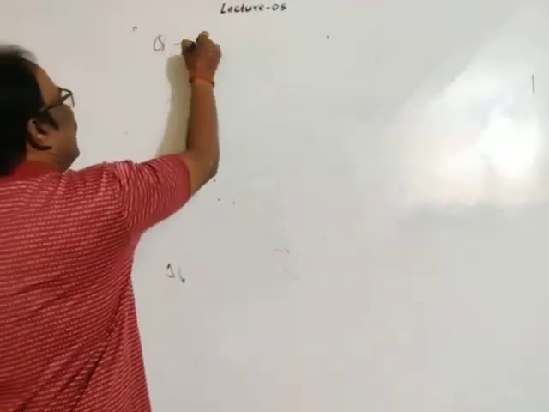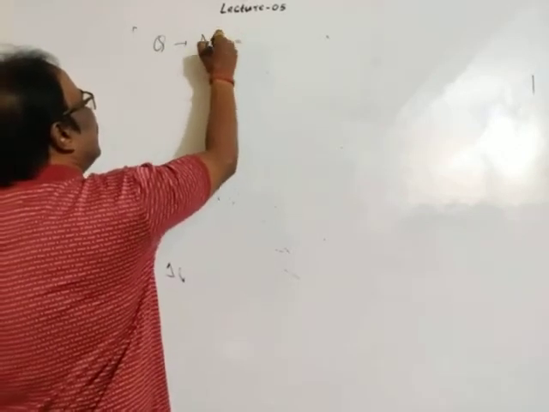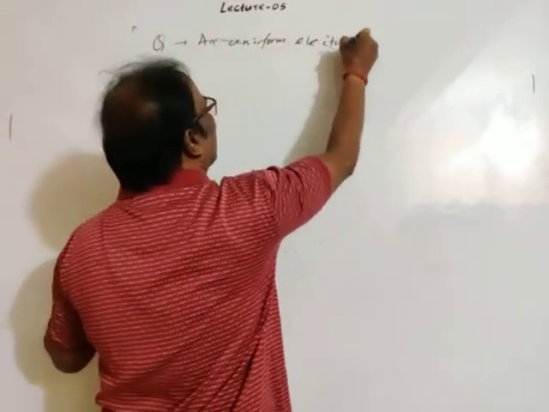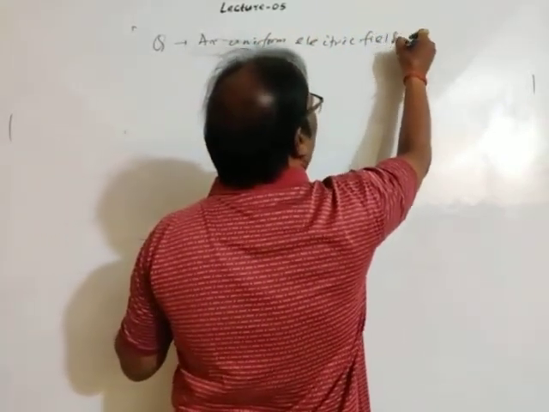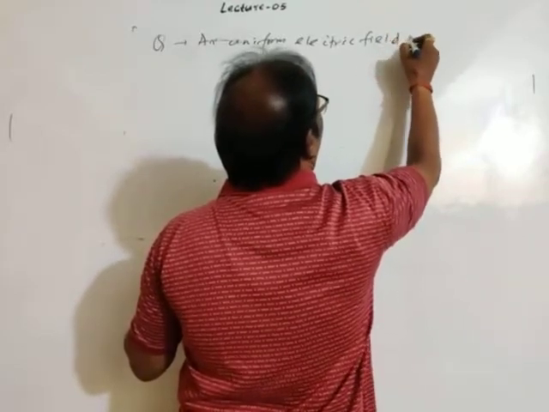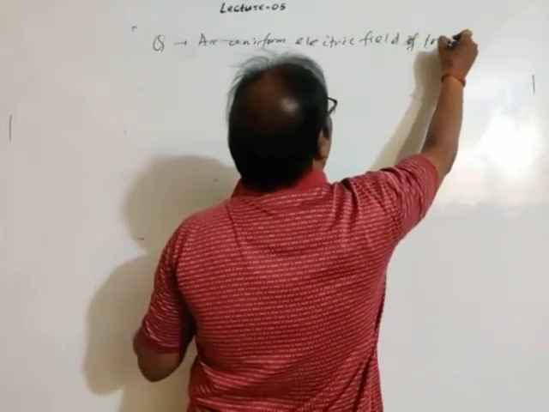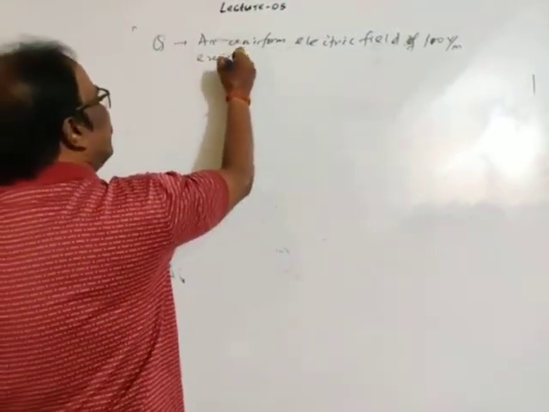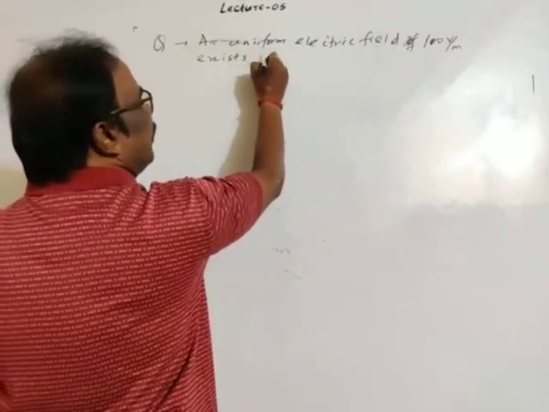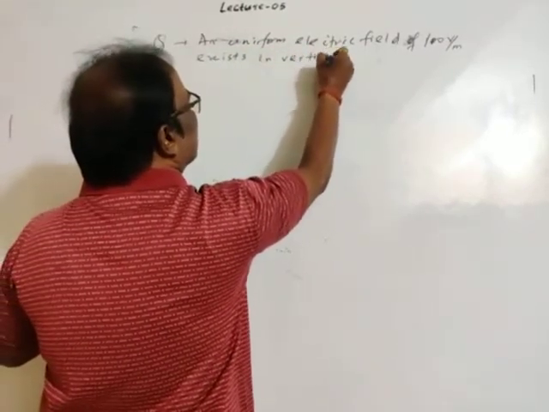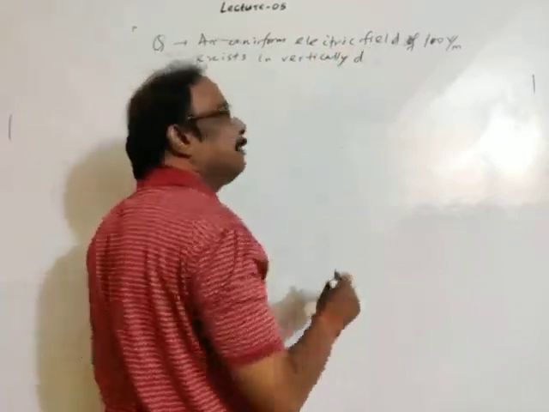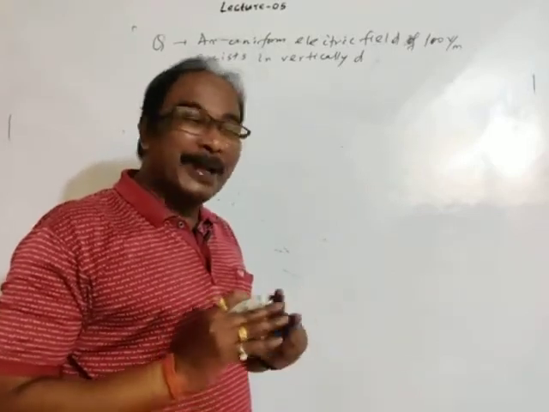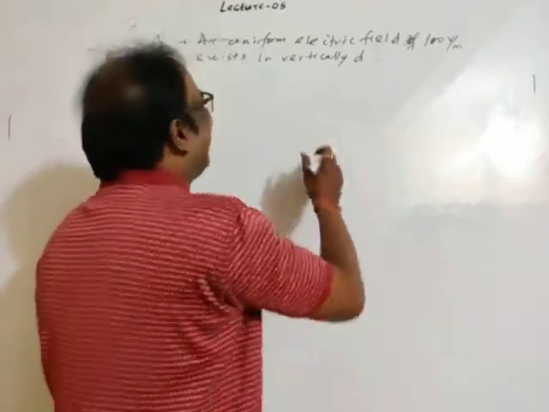Okay. Question number 1, on uniform electric field. A uniform electric field of, let's say, 100 volts per meter exists in the vertically downward direction. Very easy question, we will just apply the formula, a one-line problem. The solution is in one line, but we have to write it like this.